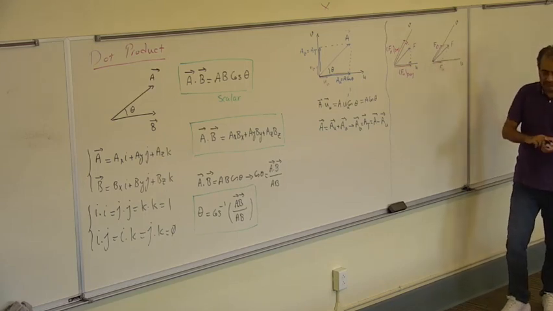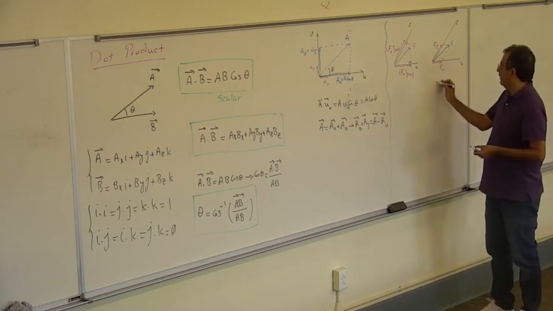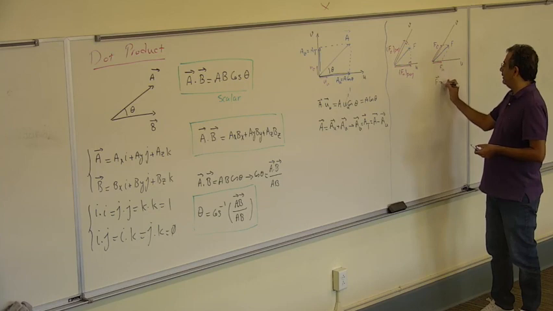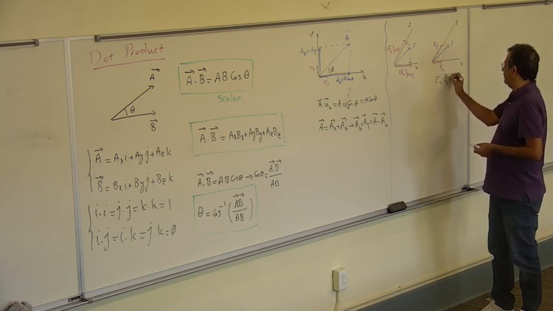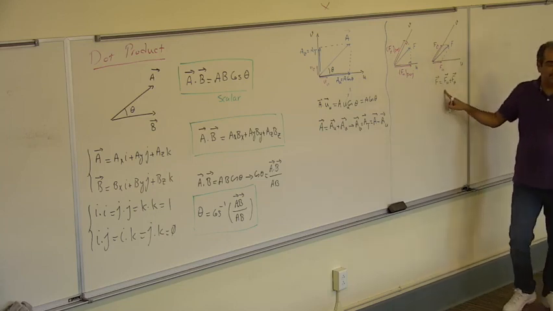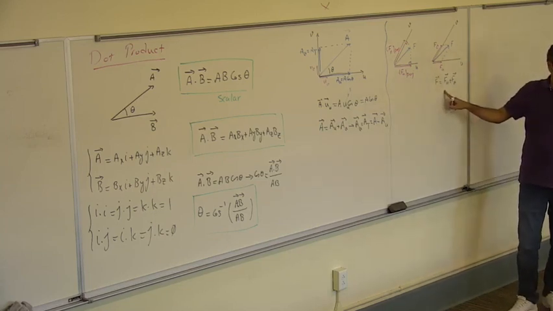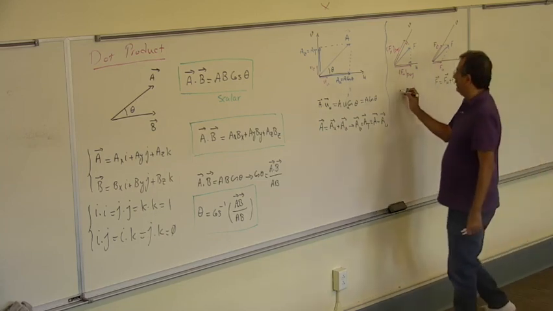So what's the difference? I can write as components that F is FU plus FV. Correct? Yeah, that adds up.